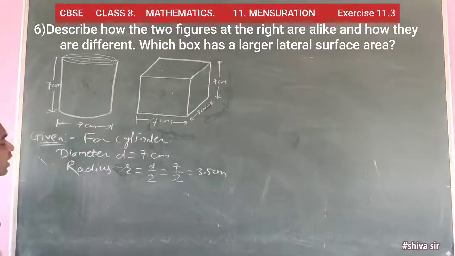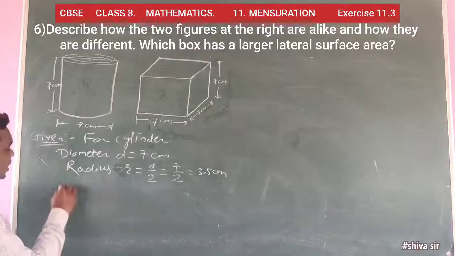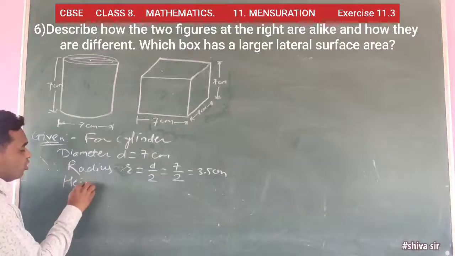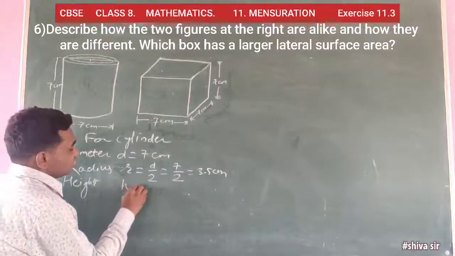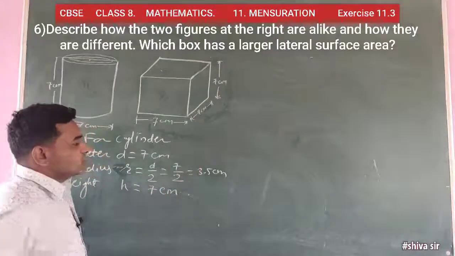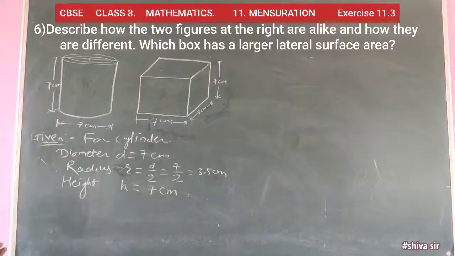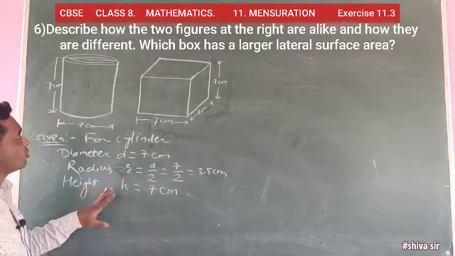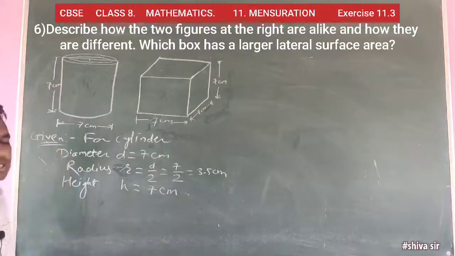And the height of the cylinder, h, is also 7 centimeter. So these are the given values. Now we have to find the lateral surface area of this cylinder.